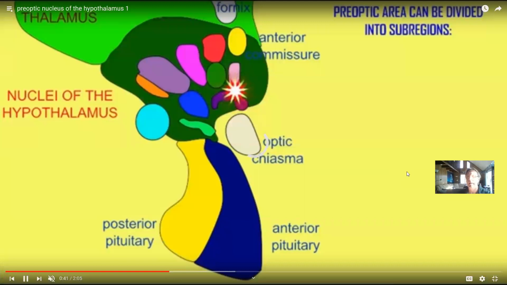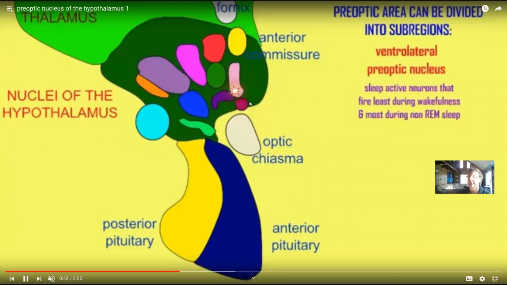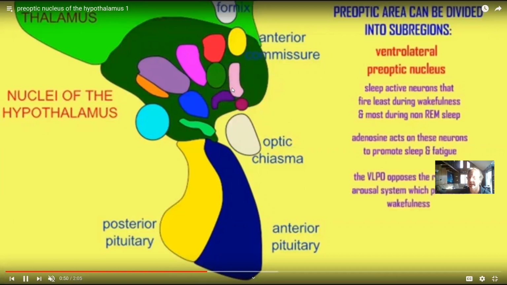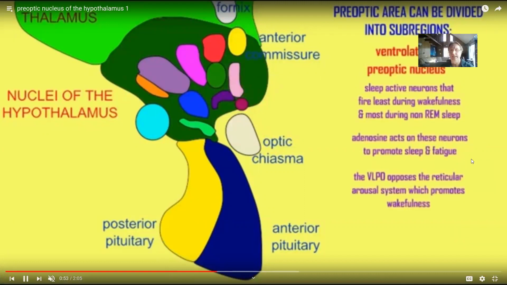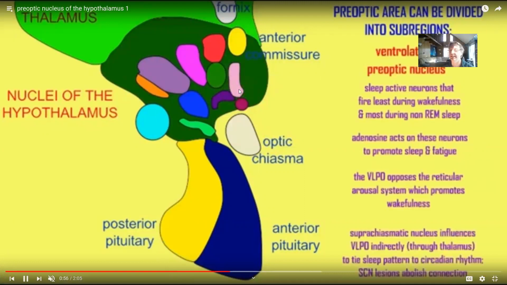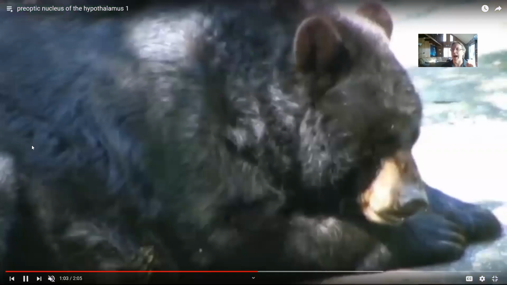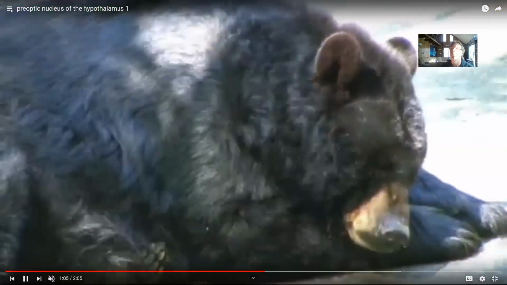That's important. This is a major sleep center. So there's a neurotransmitter called adenosine, which can build up here. And the more adenosine that builds up, the sleepier we are. And so adenosine here is what makes us sleepy. And this is then being opposed by part of what's called the reticular activating system, which then promotes wakefulness.